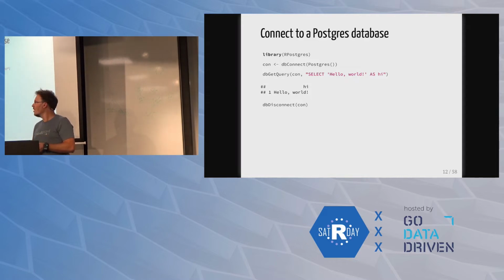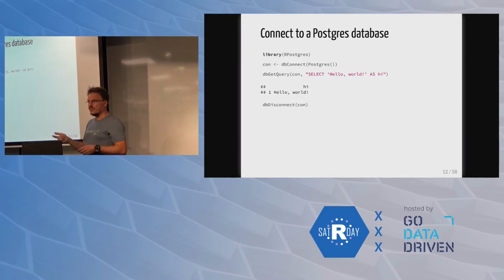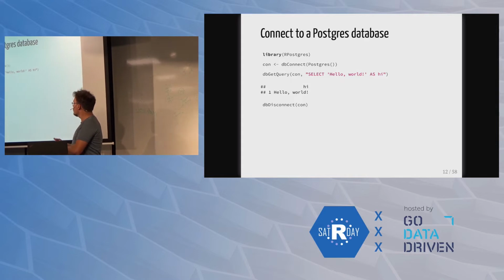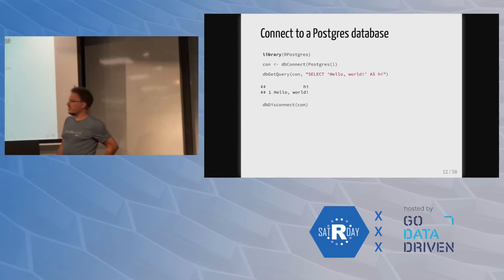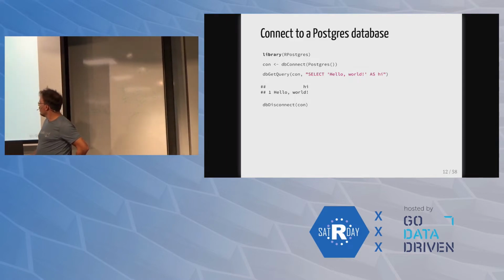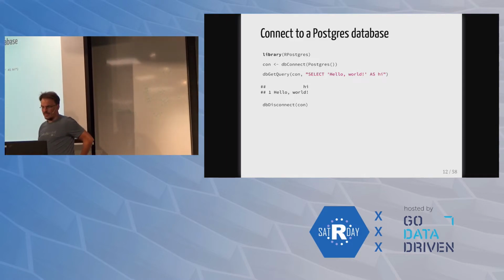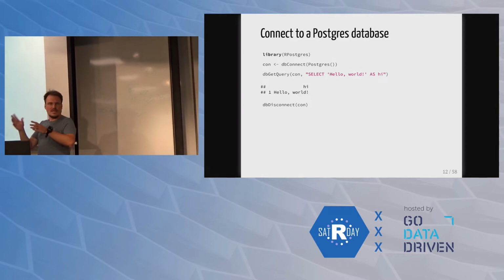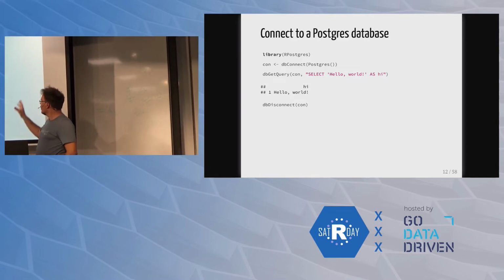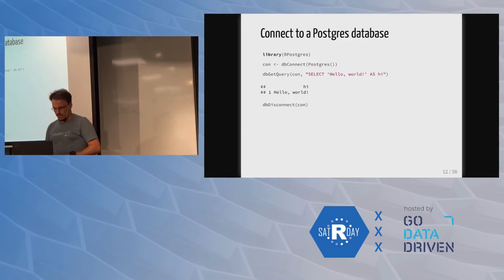I don't need to specify any host name or username or anything, but that's where this usually would go. And then you can start submitting queries. In this case, a very simple hello world query. The string here is SQL, telling the database to return a table consisting of one row and one column with the content hello world.